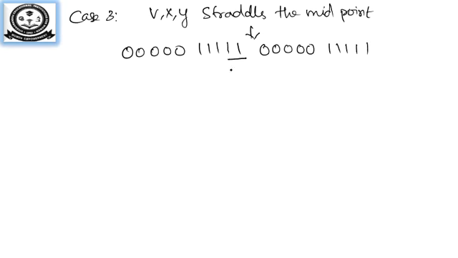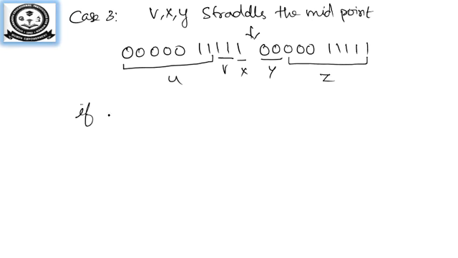So let me consider these two as v, this as x, and these two as y. The rest of the terms are going to be my u, and the rest of the terms are going to be my z.